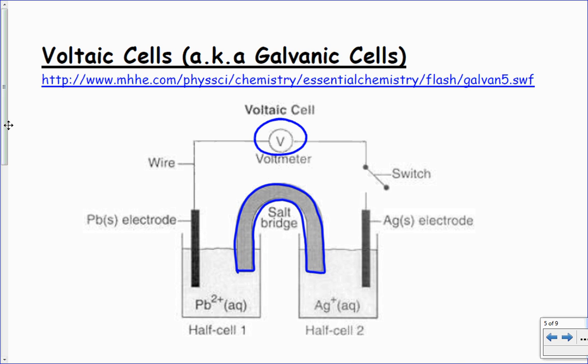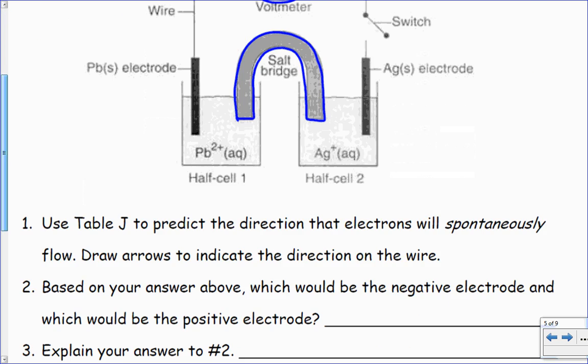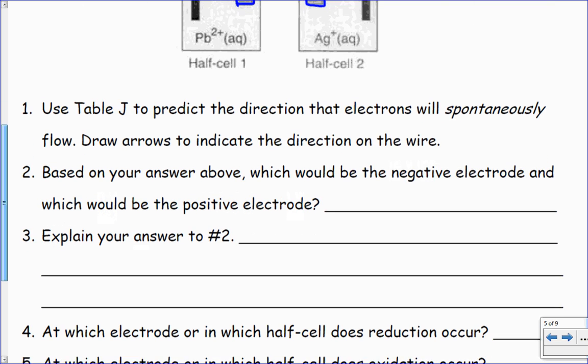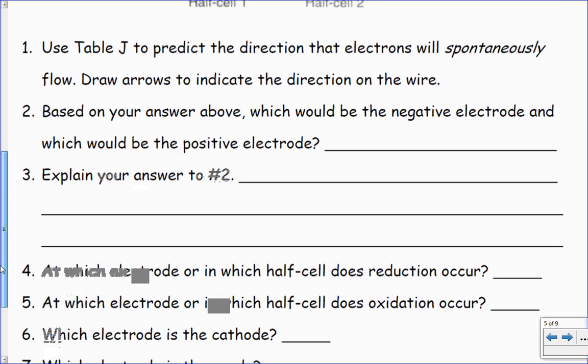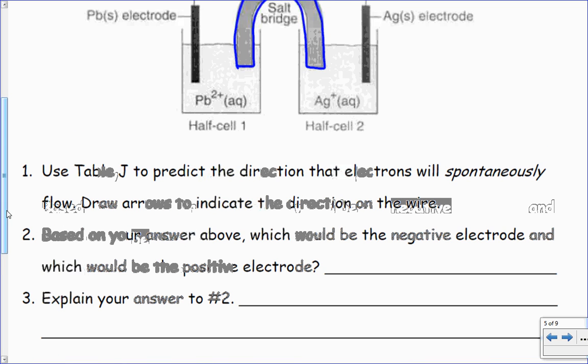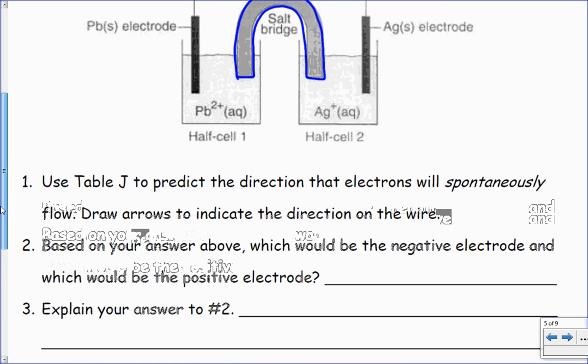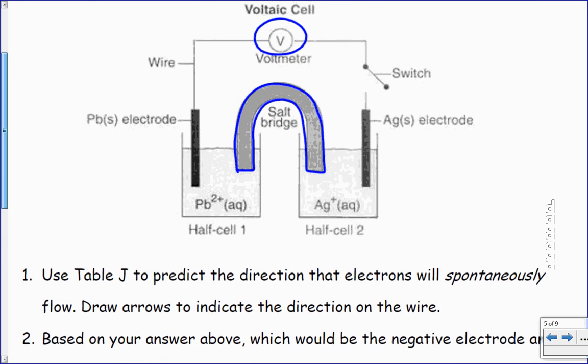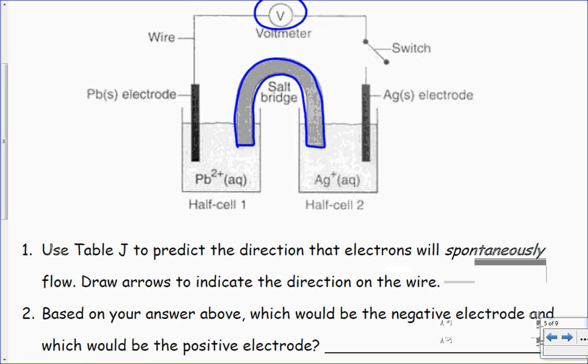Unfortunately, the touch part of my screen is not working the greatest. Now it says use Table J to predict the directions that the electrons will flow spontaneously. Draw arrows to indicate the direction in the wire. Electrons are going to be lost by the most reactive element.